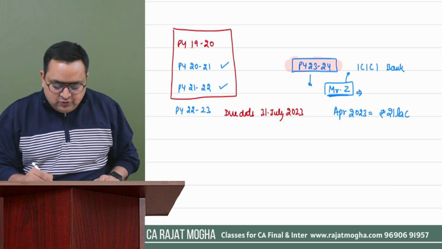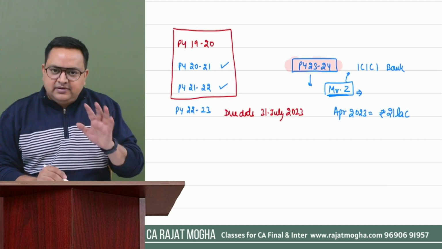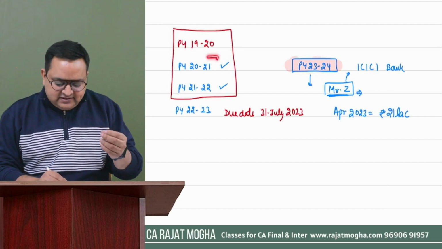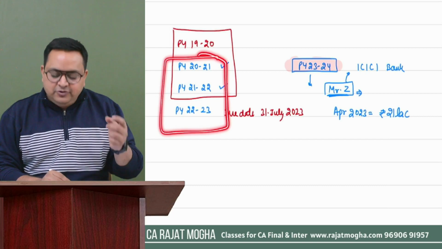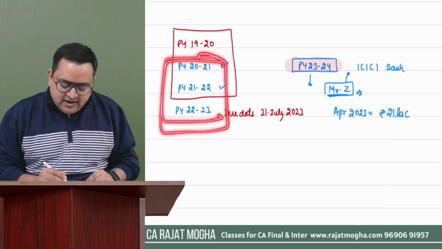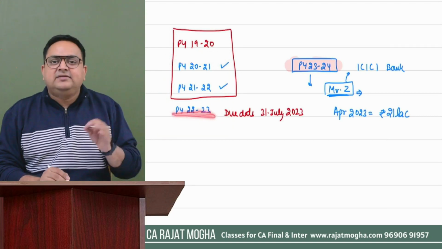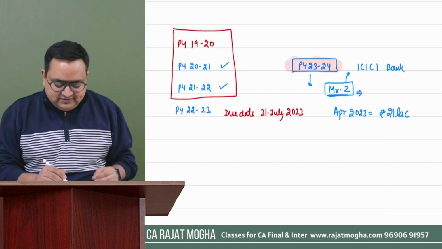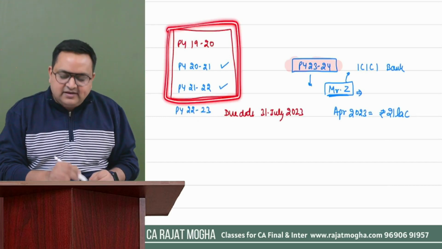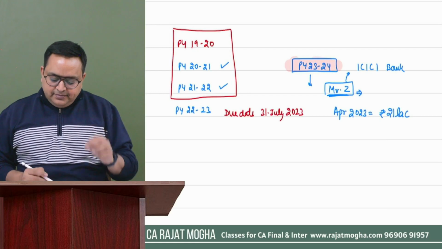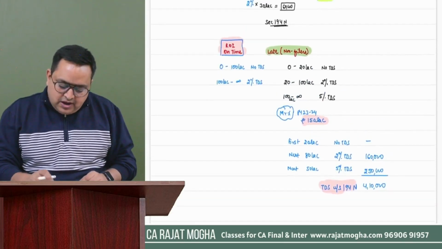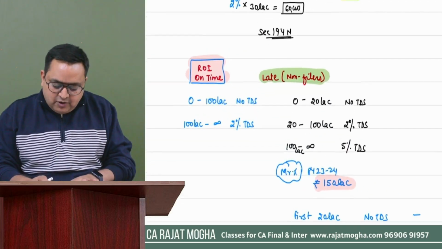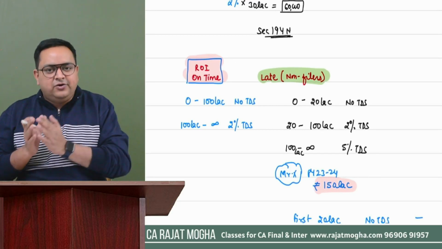Technically, a layman will say the last 3 years is this, but you cannot take these 3 years. Why? Because this is one year where the due date is not yet expired. So in this case, you will take these last 3 years. Got it? So now you know how the bank will come to know whether the return is filed on time or not.